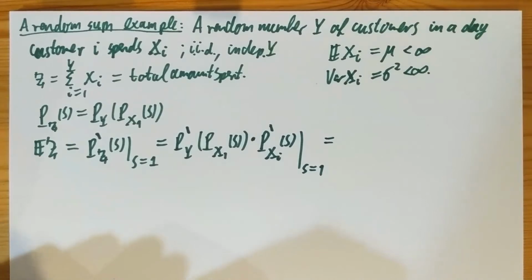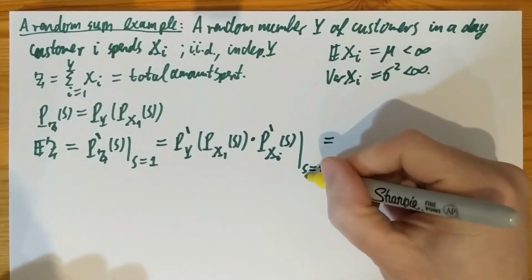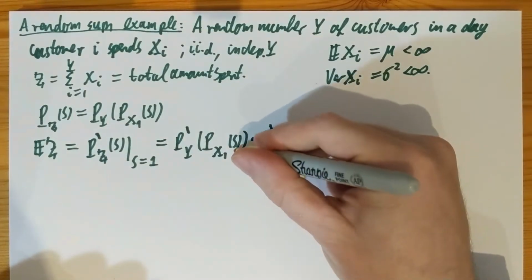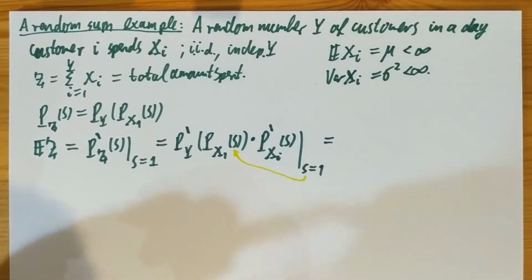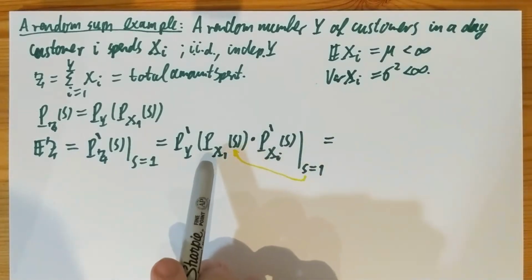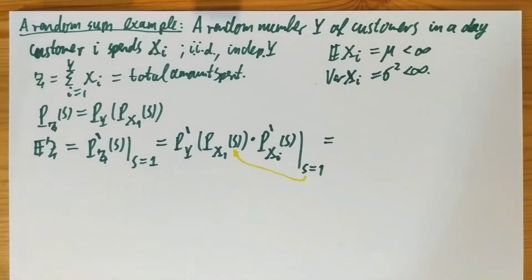Okay? Now if I plug s equals 1 in there, then what I'm going to find is that I have P of X1 at 1, and X1 is a proper random variable, so P at 1 is just going to be 1.